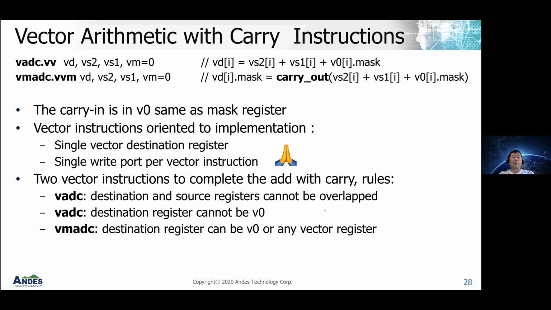So it cannot overlap. And this also cannot be V0, of course, because if V0, then you also change the V0 mask. So that's the restriction. But for the second operation, the VMADC, the destination result can be anything. So there are no restrictions on the second operation. And it had to be in order, the VADC first before the VMADC.